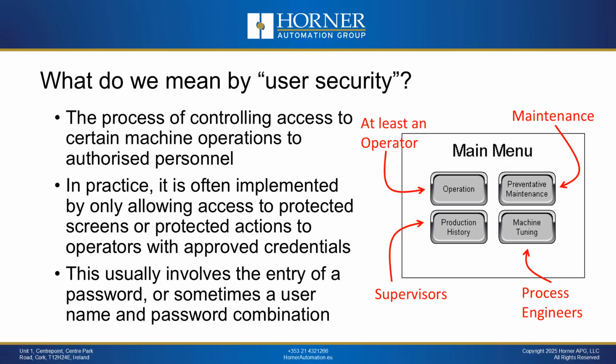Now, the way that an operator would prove their credentials would be to either enter a password or enter a username and a password, and at that point the OCS would know that this particular operator, or at least the one that entered the password or has this set of credentials, should be able to switch their screen, or should be able to press the push button and cause this action to occur.